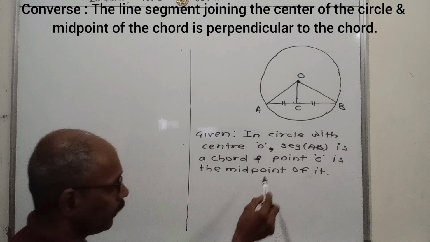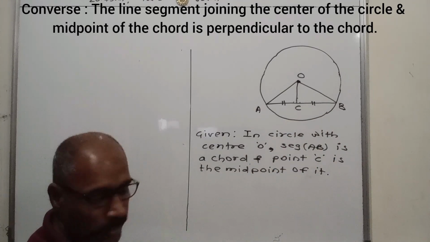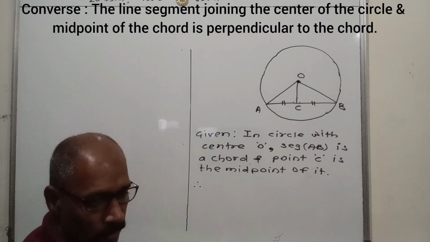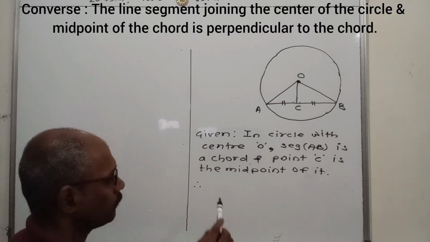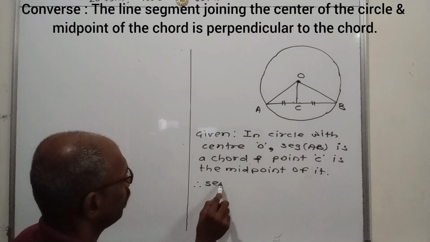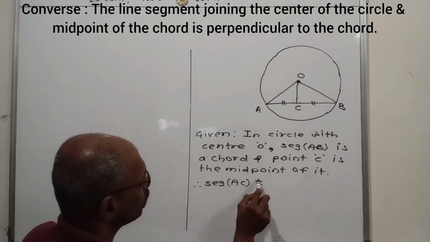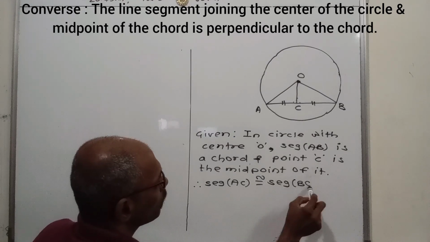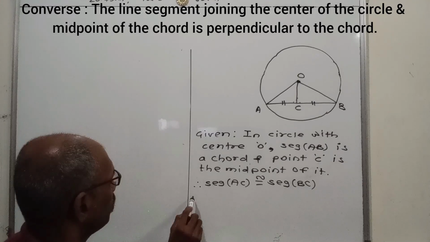Did you get it? C is the midpoint of the chord AB. Then what do we write? Segment AC congruent to segment BC. This is our given. Very, very important.